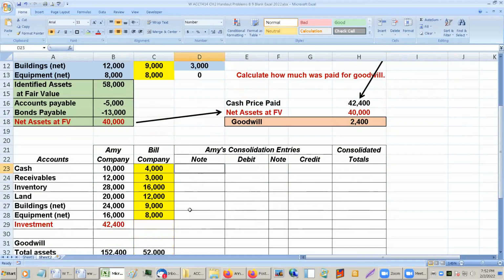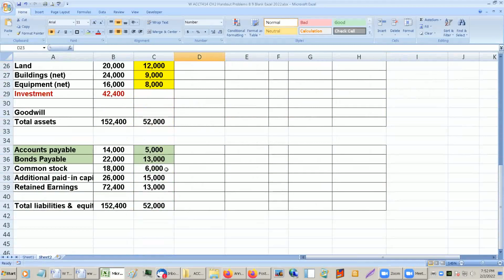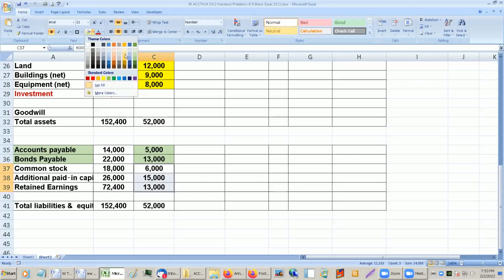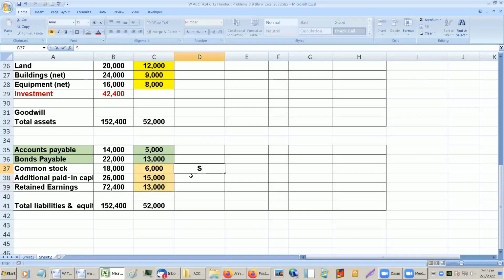Okay, so let's go ahead and go through our SADI. So we have to get rid of this. So this is all the stock. This is the S and the SADI. We gotta get rid of all their stock and their retained earnings and all that.